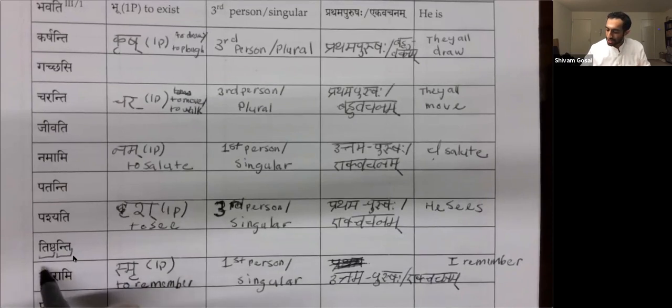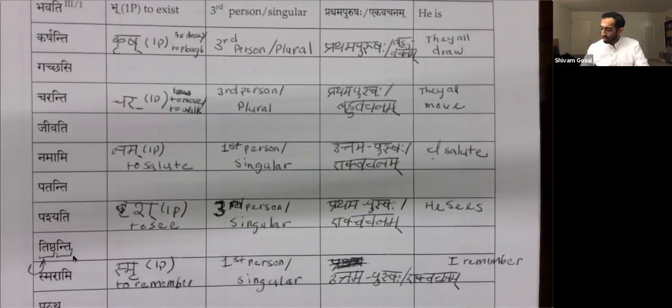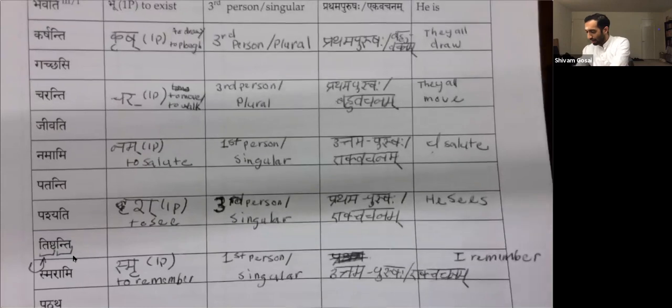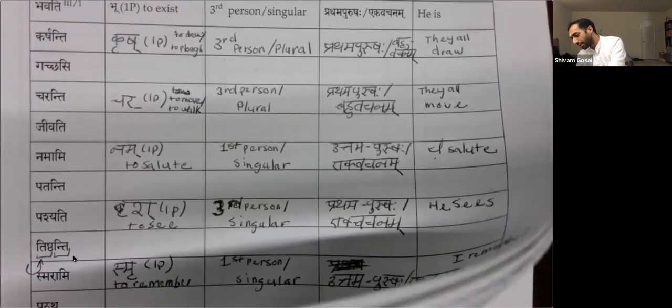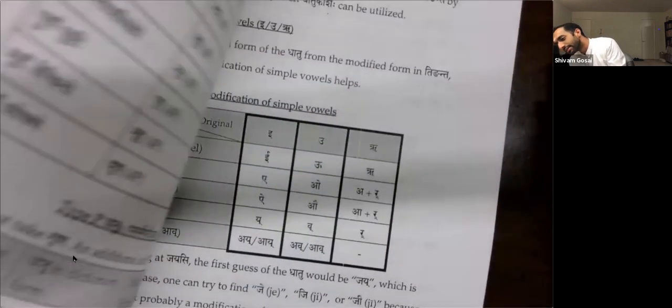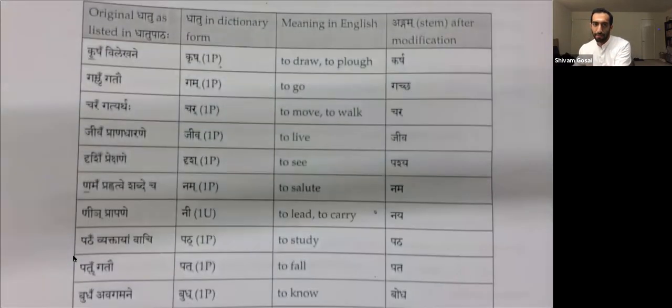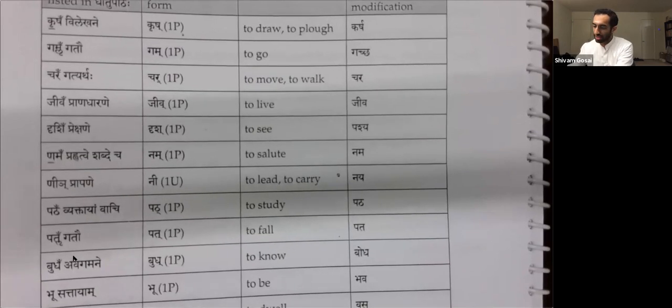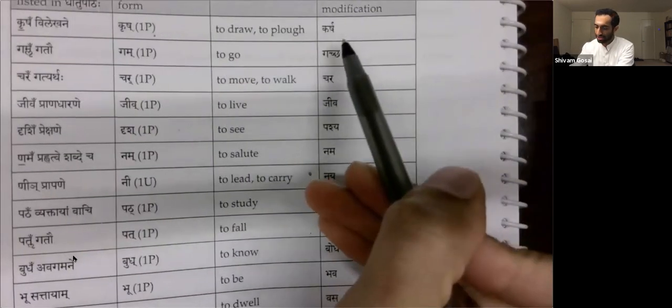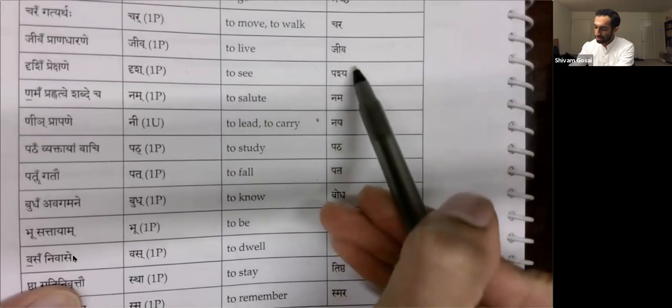Now tishta, what I would do is I'll look at, in my book, page 32. And on page 32, I get this list. Now I'm looking here and I'm looking for tishta. So where do we see it?